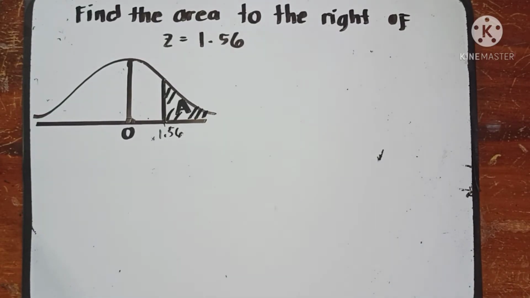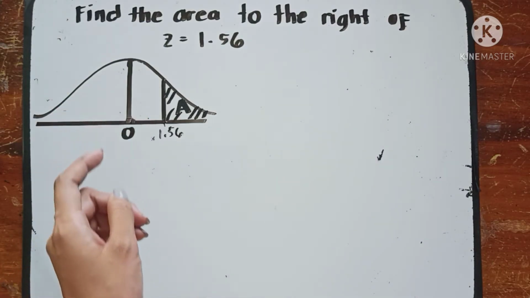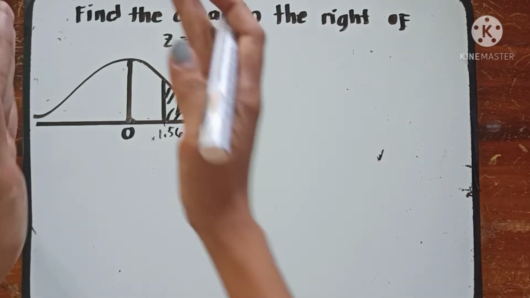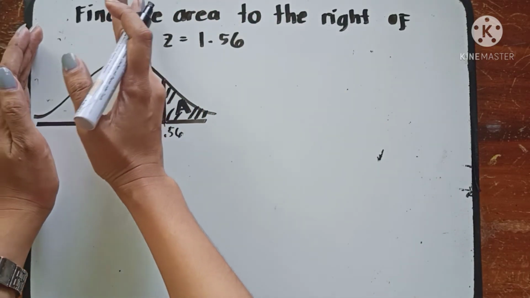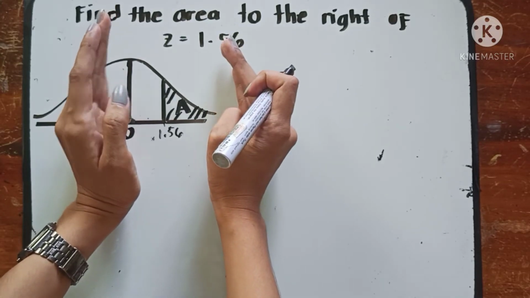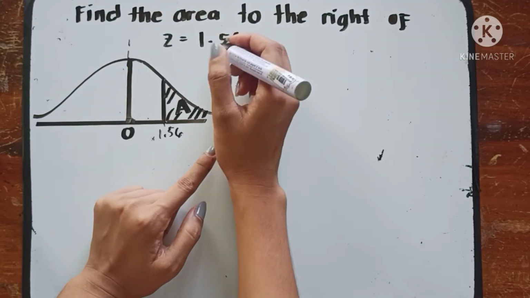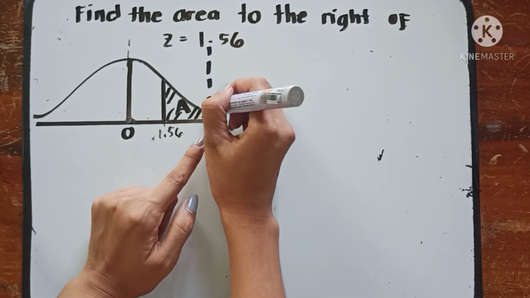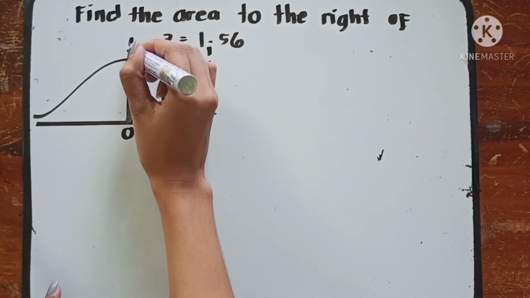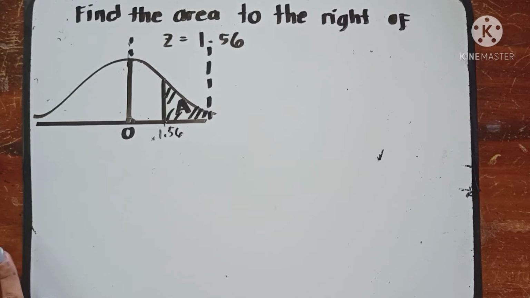Okay, so kanina sa ating property, so one of the properties of a normal distribution, the area under the normal curve is 1. The total area under the normal curve is 1. So, nabanggit ko rin na half of the curve is equal to 0.5 and half of the curve is also equal to 0.5. So, para mahanap mo yung value ni A, kailangan natin ng A sub 1 and A sub 2.